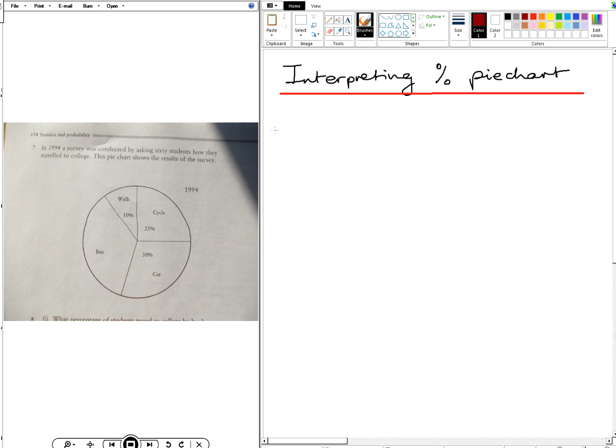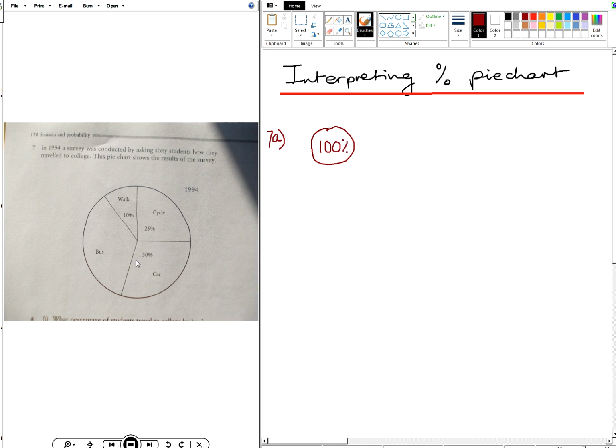Okay, lovely. So the first task here, question 7A, is to calculate what percentage of students went by bus. Because we're talking about a percentage pie chart, how much percent do we have? 100%.